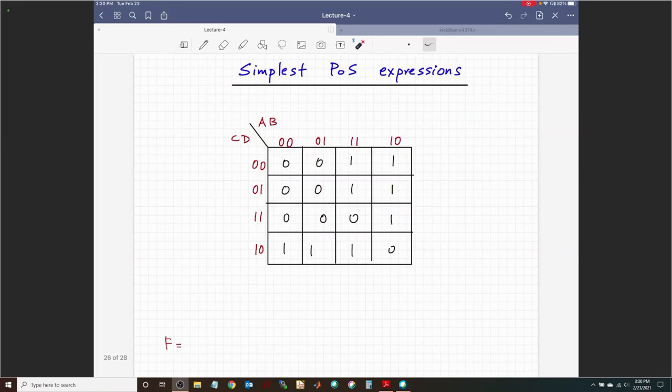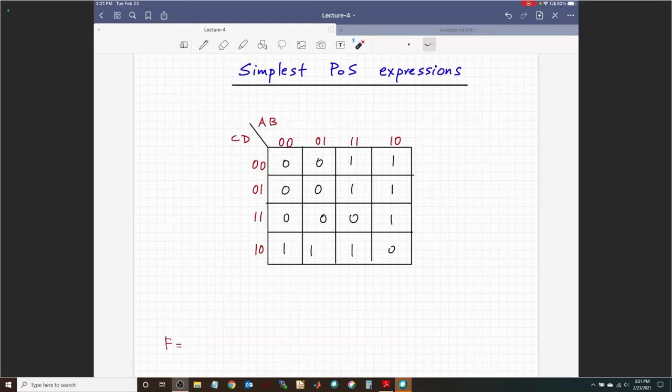All right, now let's look at the simplest product of sum expressions. If you understood simplest SOP, and you make a slight adjustment by looking at the zeros instead of the ones, combining the zeros instead of the ones, you are in the simplest POS expressions.